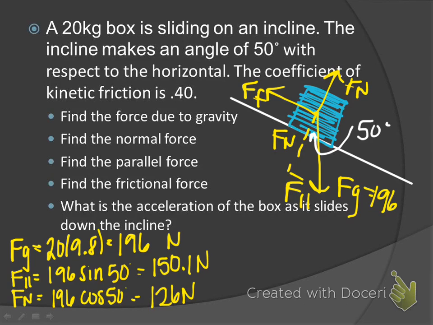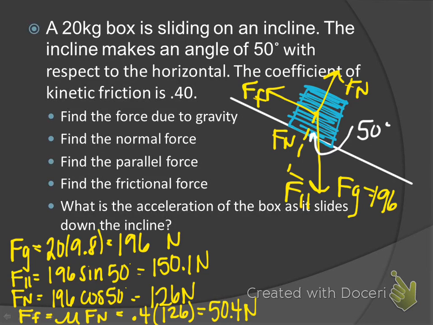But if we solve for our frictional force, we're going to take the coefficient times the normal force, which is equal to 0.4 times 126. Which is equal to 50.4 newtons. Okay, and you could wait and plug that step in your net force equation. That's totally up to you.